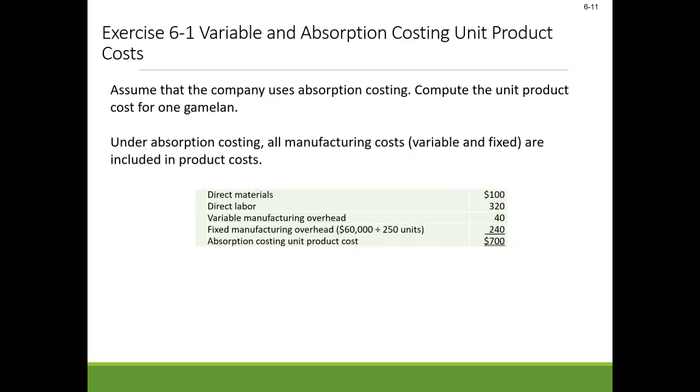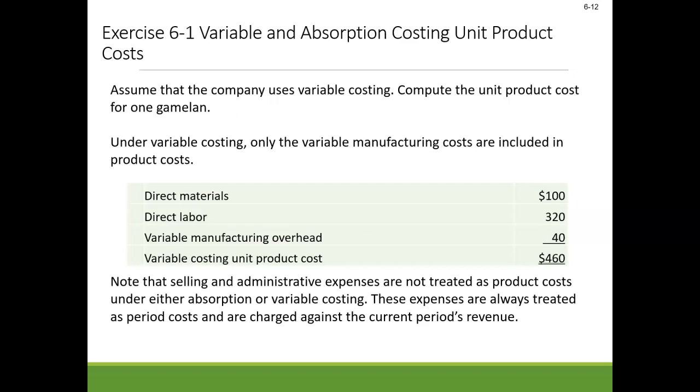The cost using absorption costing is going to be $700 per unit. But if we use variable costing, do you see how much lower it is? It's just $460.